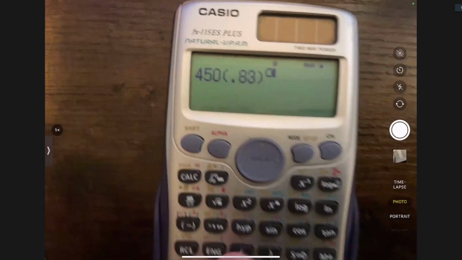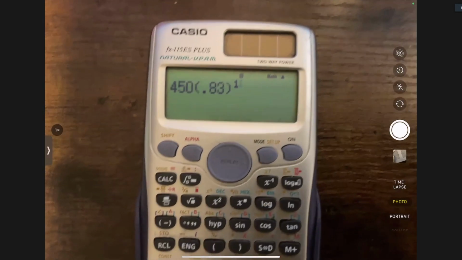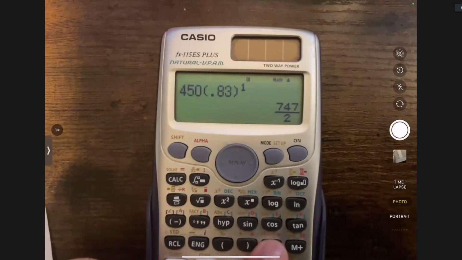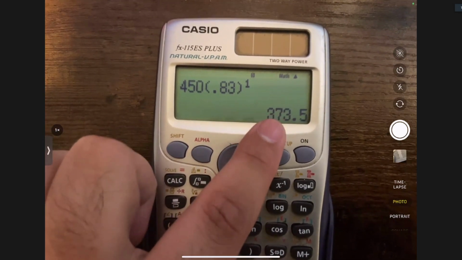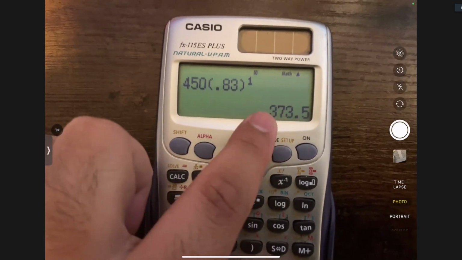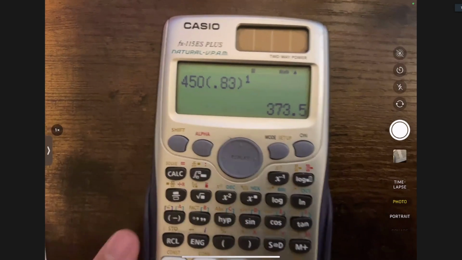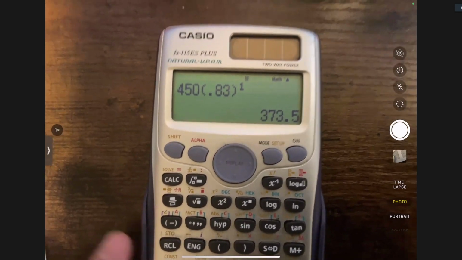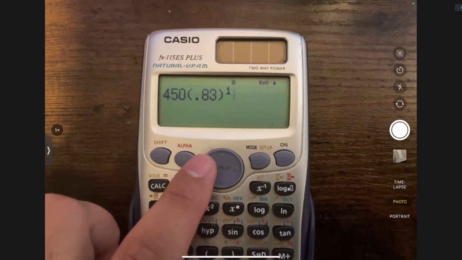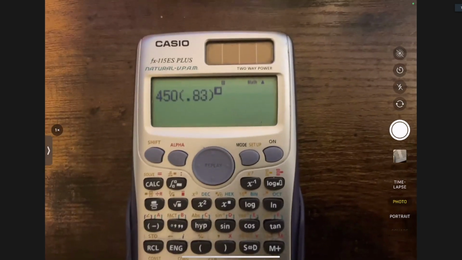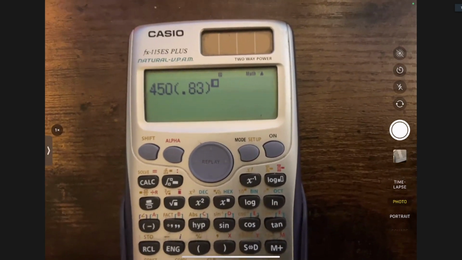Now, the next one is going to be the next point, 373.5. That is my next point. I got the next point over here.